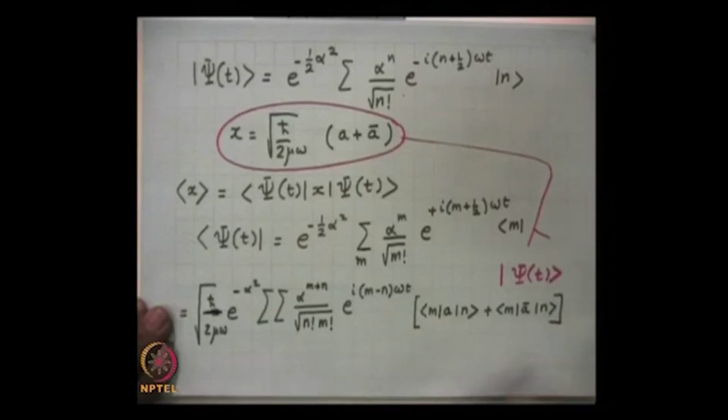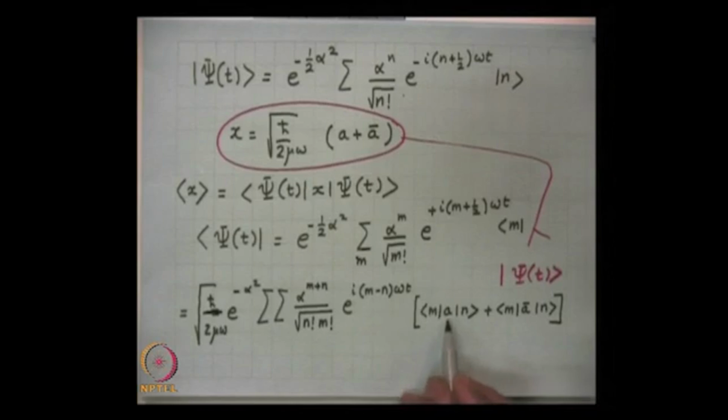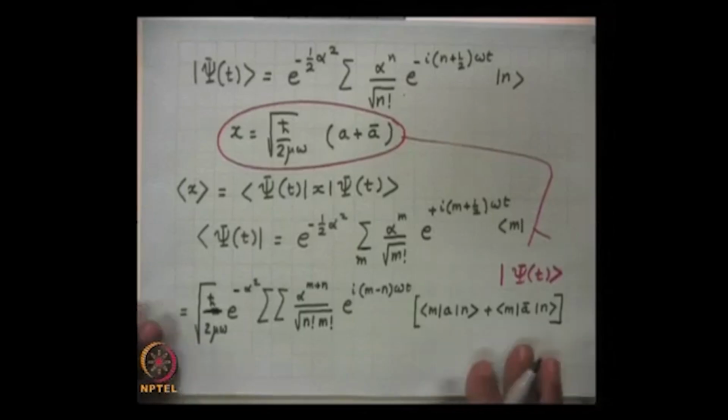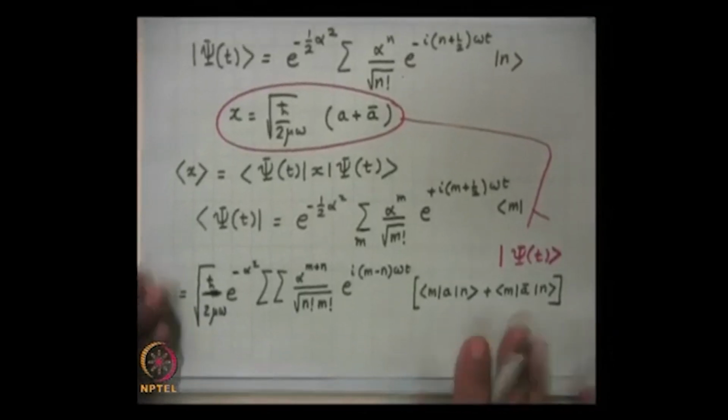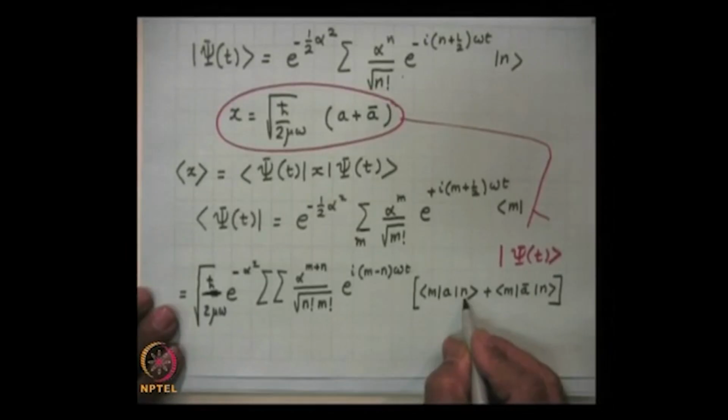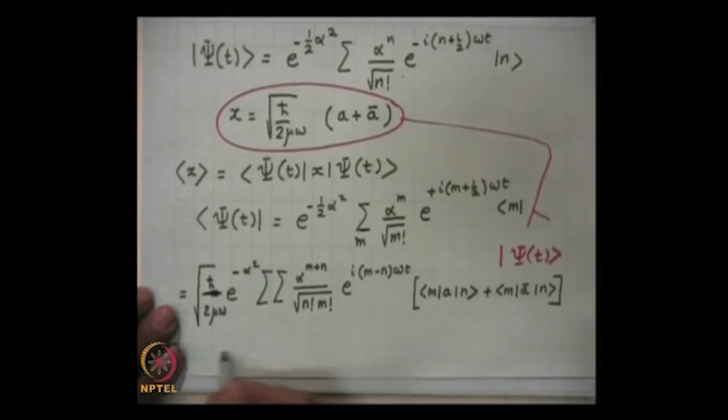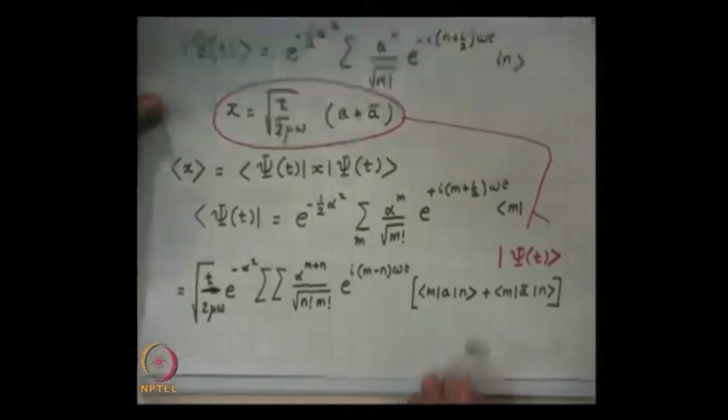These are known as the matrix elements, the mnth matrix element of the operator A. Let me work this out separately.